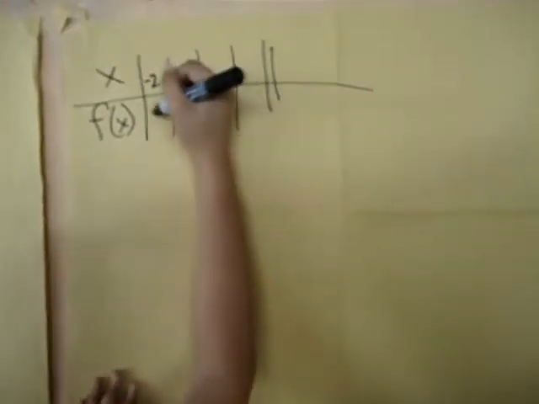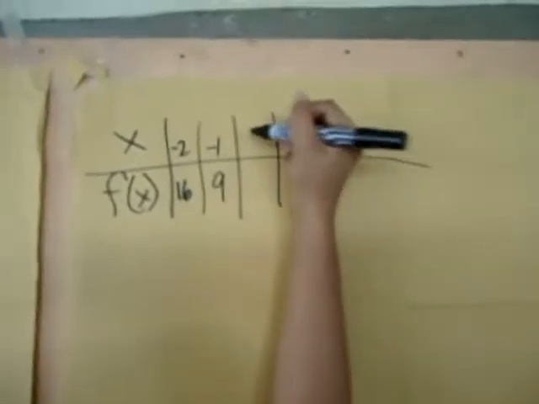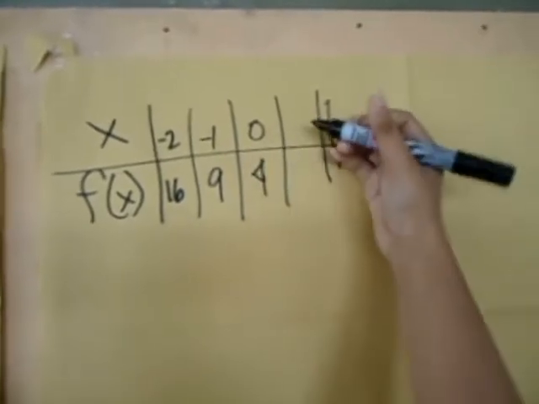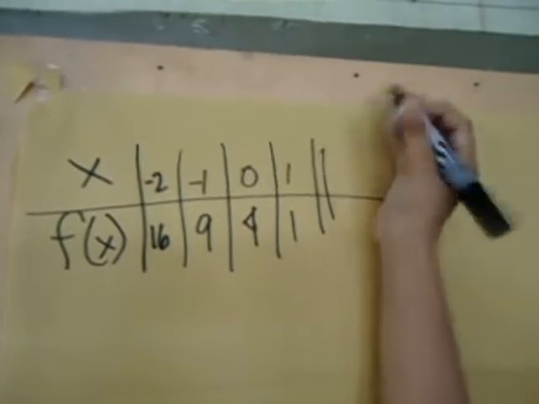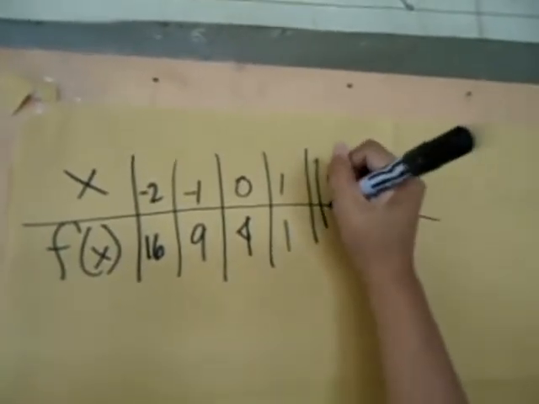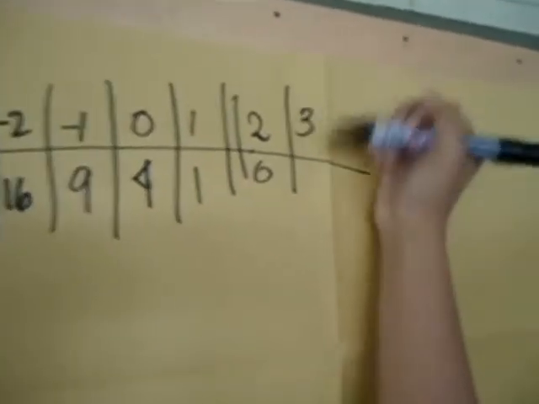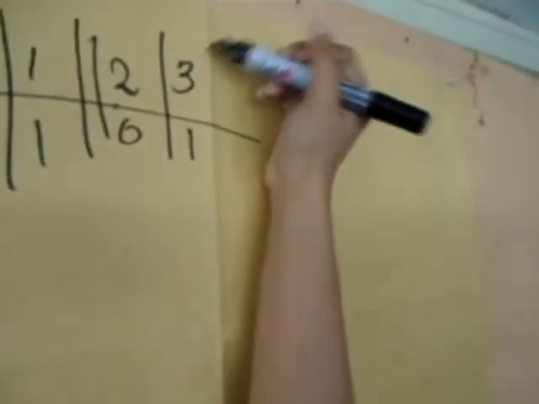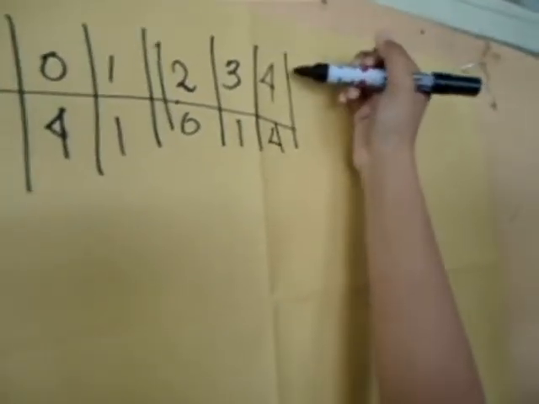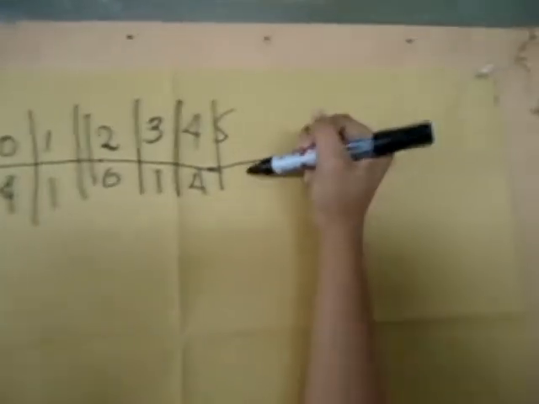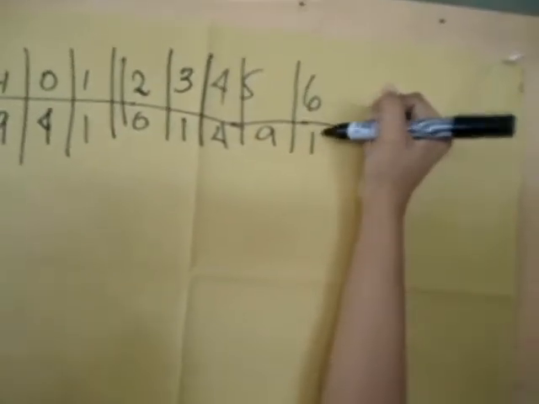Now we will have negative 2, 16, negative 1, 9, 0, positive 4, 1, positive 1, 2, 0, then 3, positive 1, 4, positive 4, 5, positive 9, 6, positive 16.